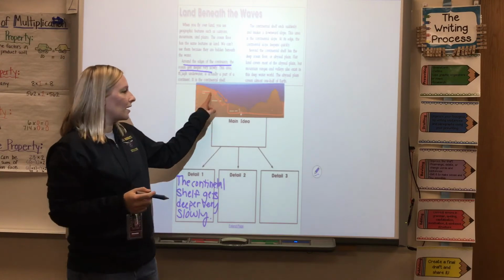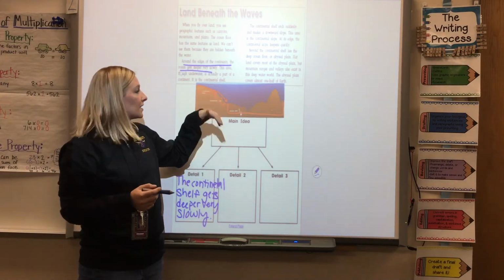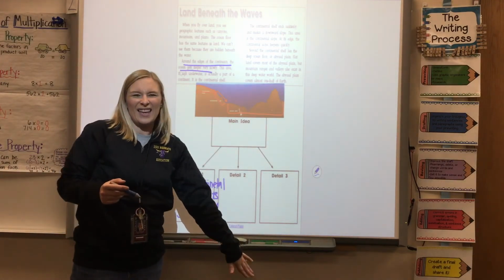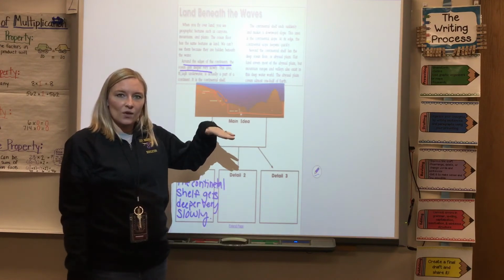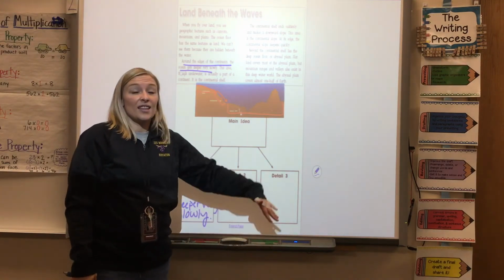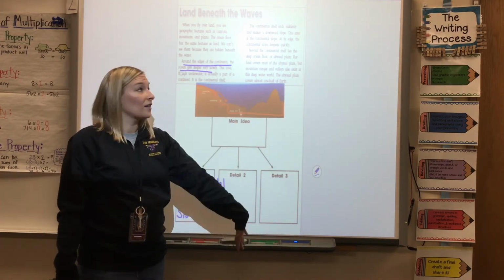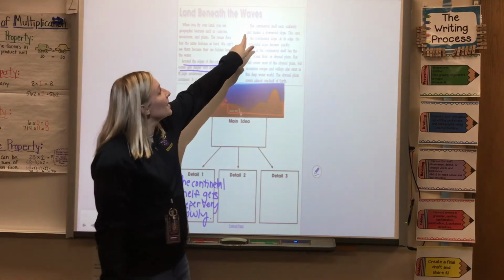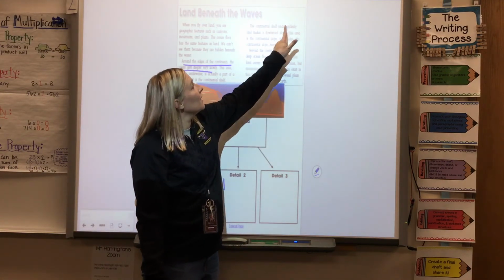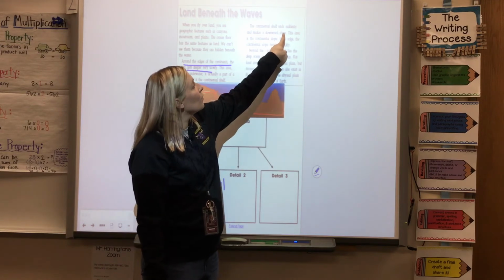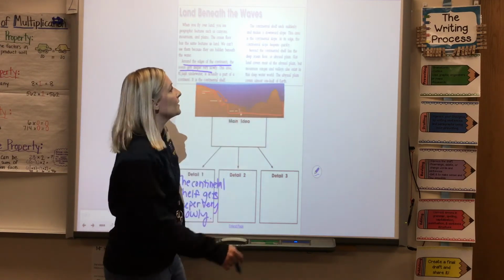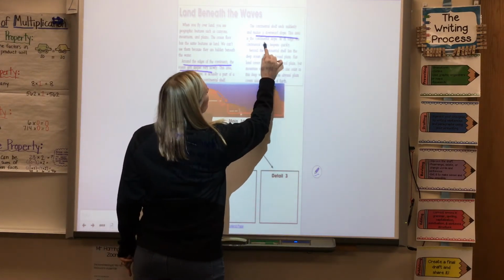Then the next part I talked about in this article is the continental slope. Now, does that get deep really slowly or does it go really fast? Yeah, you're right. It slopes down really fast. So here it says the continental shelf ends suddenly and makes a downward slope. This area is called the continental slope.